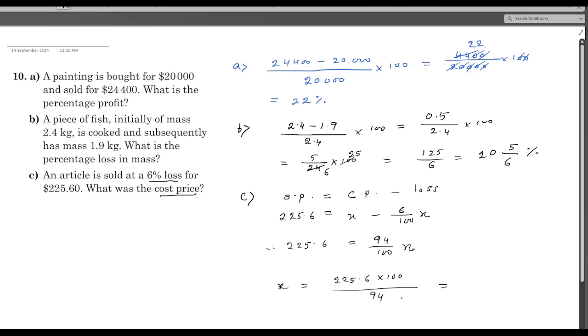If I cancel with 2, it is 2 times 4, 8, then 2 times 7. Here it is 2 times 50. So this is 225 times 50 divided by 47. Selling price is 225.6.